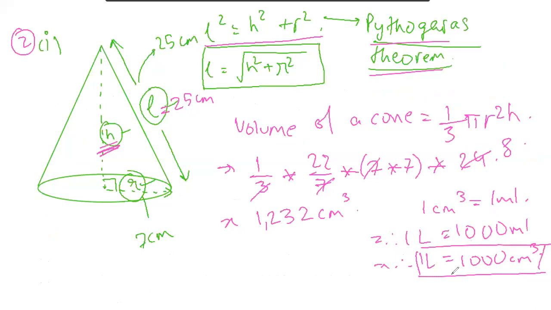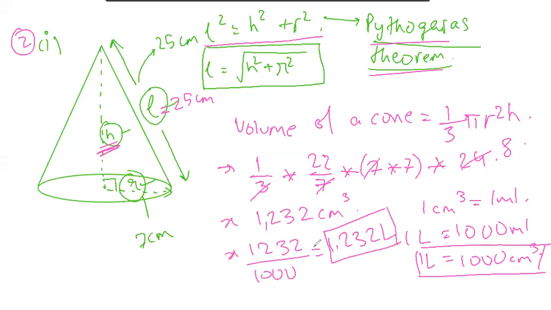Please memorize this analogy, and by this we are going to convert centimeter cube into liters. So this will be 1232 divided by 1000, which will be 1.232. And not forgetting the units, we get the answer as 1.232 liters.